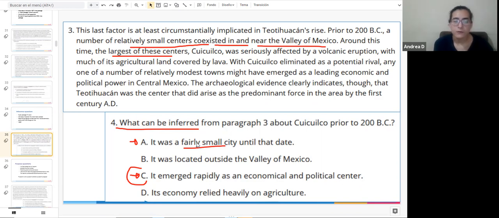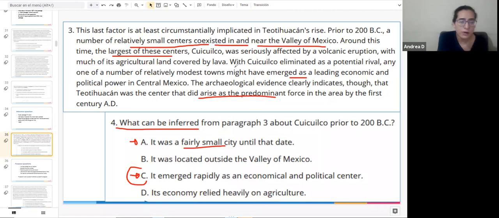Okay, all right, perfect. But here, when they say it may have emerged as a leading economic power, okay, but are they referring to Cuicuilco here? Because remember, the question is, what can be inferred about Cuicuilco prior to 200 BC? So in here, they're not talking about Cuicuilco, are they?